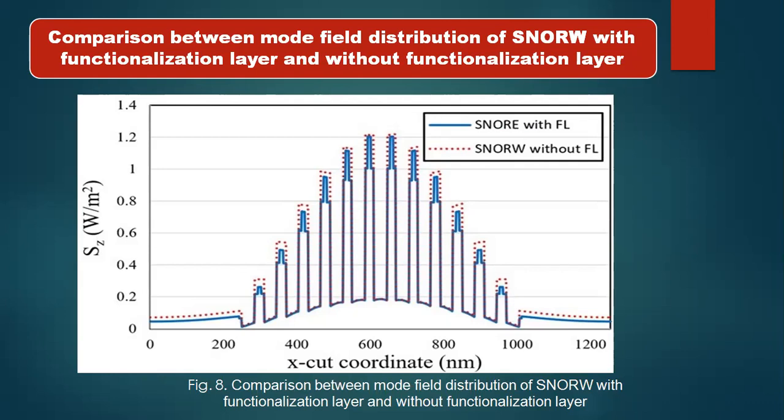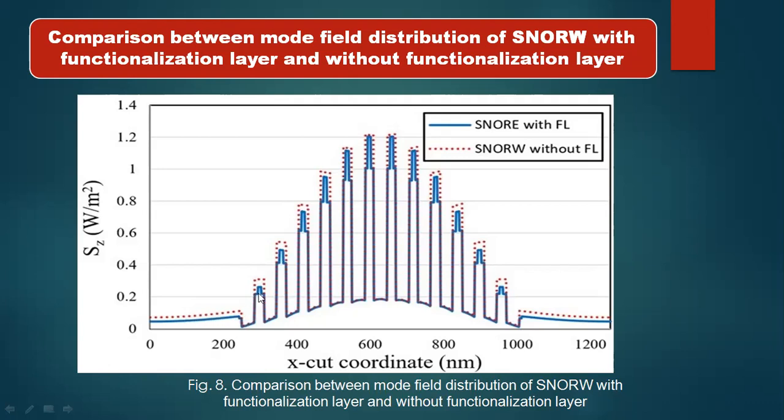But it is interesting to note that for SNORW with functionalization layer, there are more sub-bars, there are more peaks than the one without the functionalization layer. Here we observe that the Poynting vector rises twice instead of once, as was the case earlier.